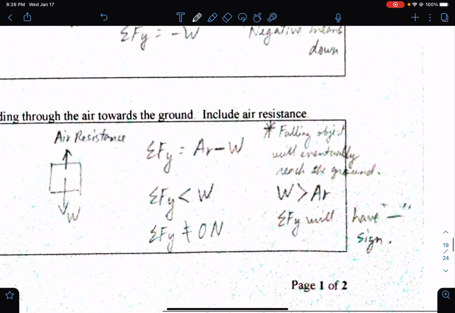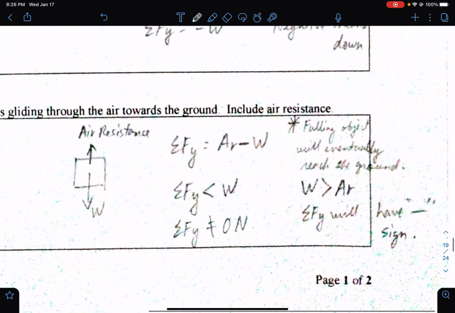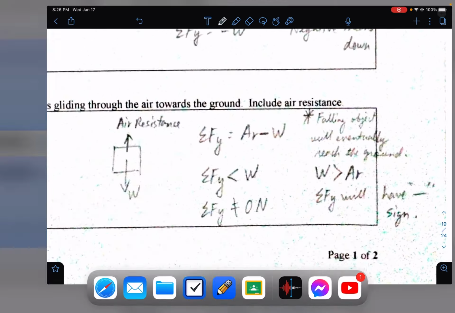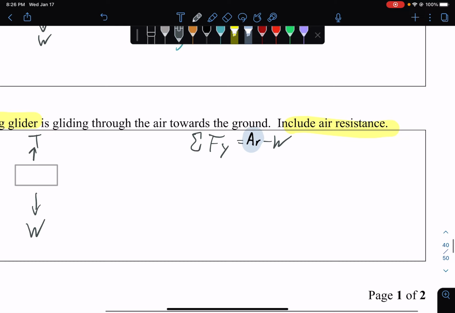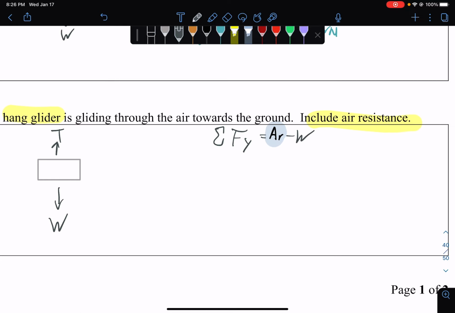Yeah, it does make sense that the weight is still greater than the air resistance that the hang glider is able to showcase, since eventually the hang glider will reach the ground. If the air resistance produced by the hang glider is greater than the weight, then the hang glider is better off just suspended mid-air for the entire time, because it will never reach the ground if the weight is not bigger than the air resistance.